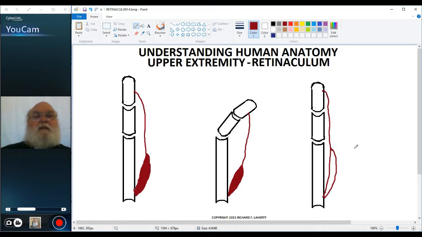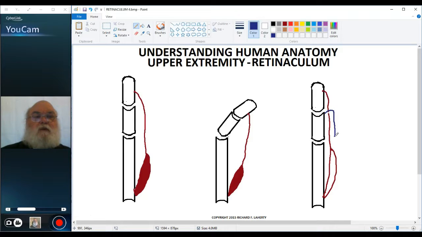Okay? But in this diagram, I'm going to draw in a retinaculum. And I'm going to do that in blue. And I'm going to do this here in the area of the middle bone.